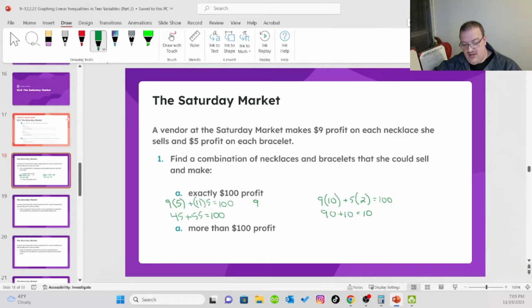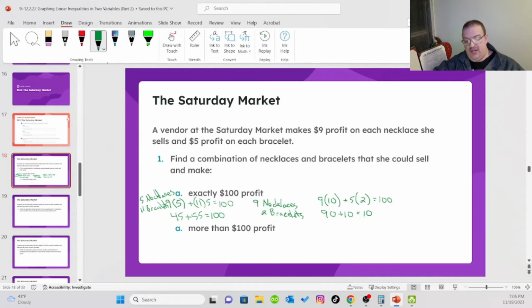So you either have 10 necklaces and 2 bracelets, or 5 necklaces and 11 bracelets. Those are the two possible combinations.